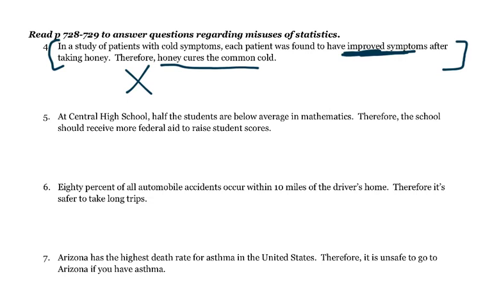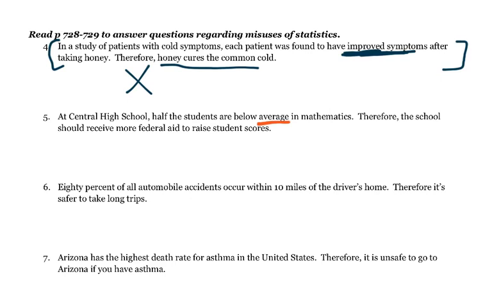Number 5 says at Central High School, half the students are below average in mathematics. Therefore, the school should receive more federal aid to raise student scores. So we see one of those buzzwords, average. That should kind of put some warning bells going off in your head. What average? The state average? The country average? The county average?